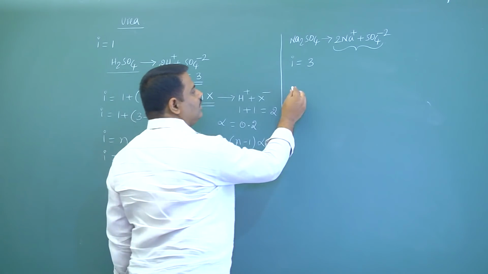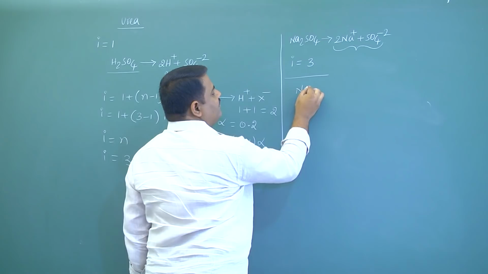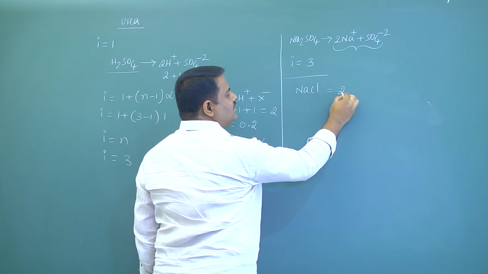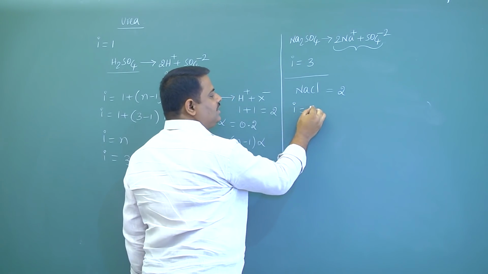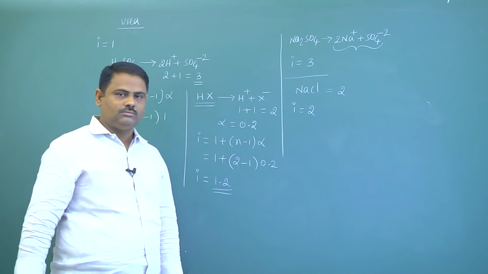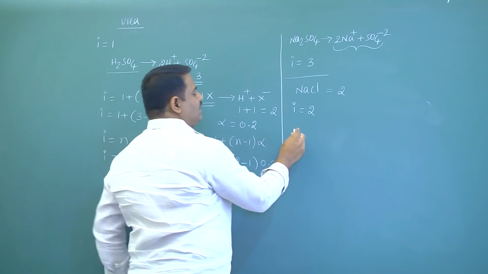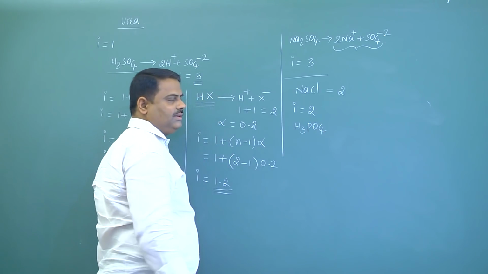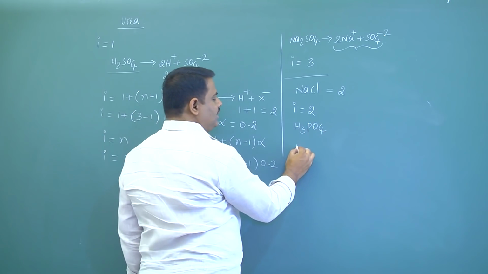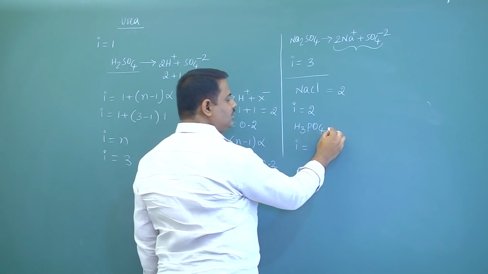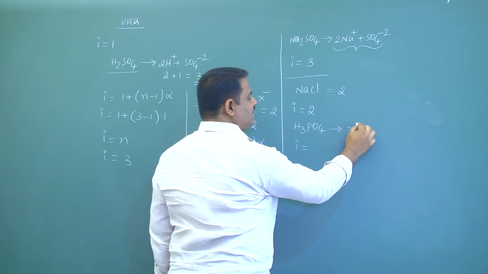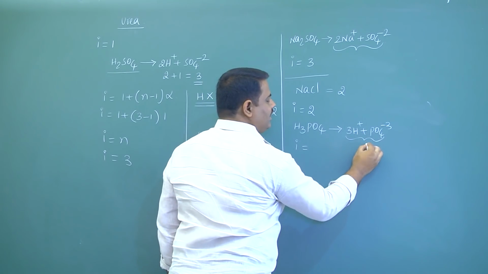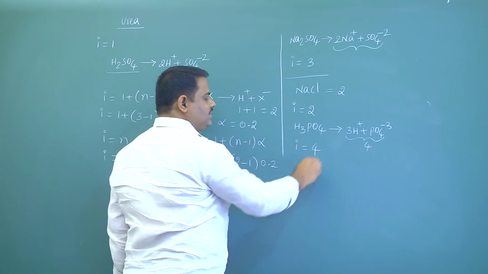Another example: what is the I value for sodium chloride? Here the number of particles after dissociation is 2, that's why I is equal to 2. Now the other one, H3PO4, orthophosphoric acid. During dissociation, 3 moles of H plus ions and one phosphate ion, so the total number of ions is 4 here, that's why I is equal to 4.